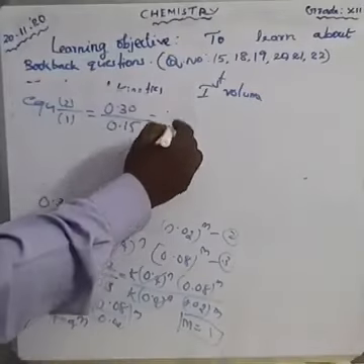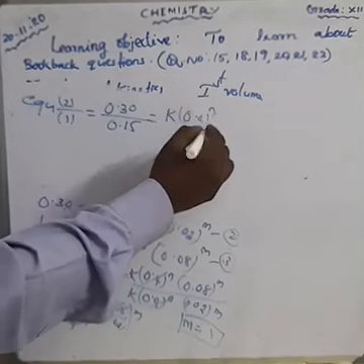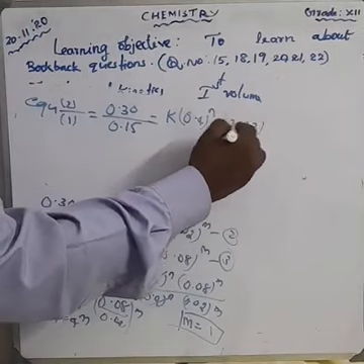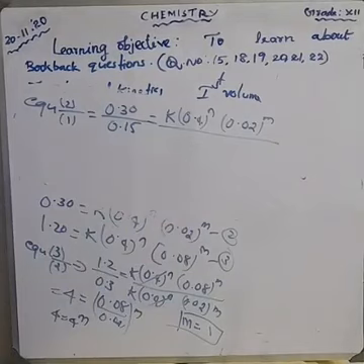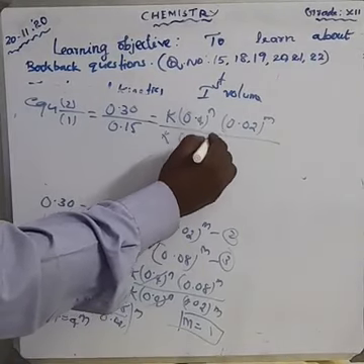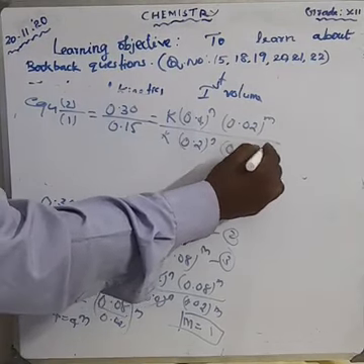0.15 is equal to, equation number 2, k into 0.4 to the n, 0.02 to the m, divided by equation number 1, that is k into 0.2 to the n, 0.02 to the m.